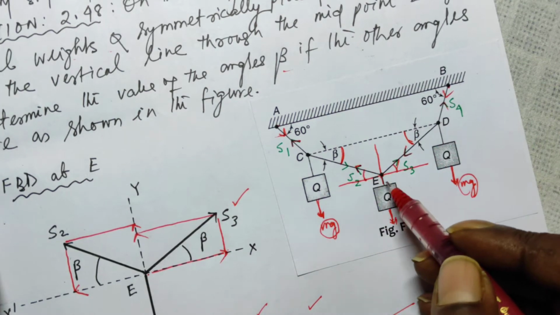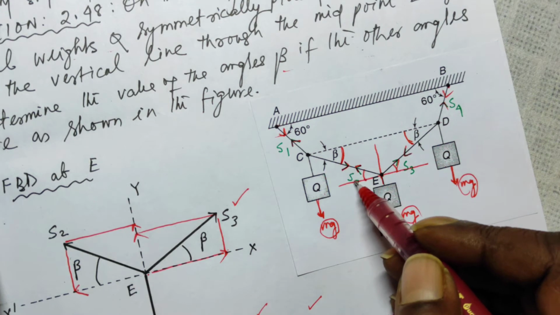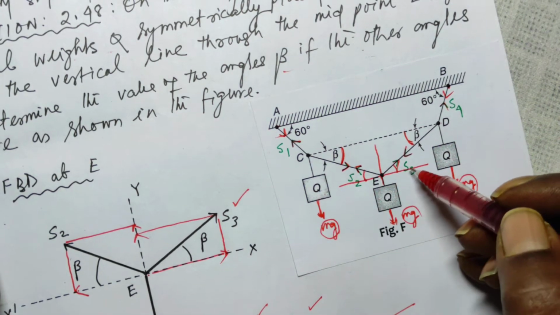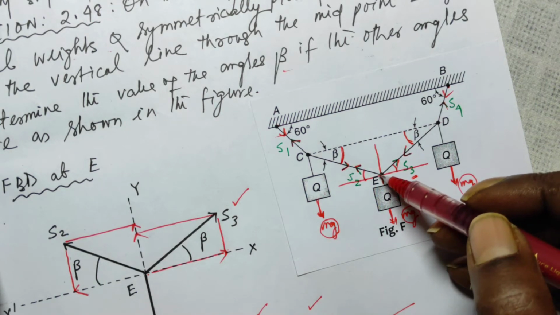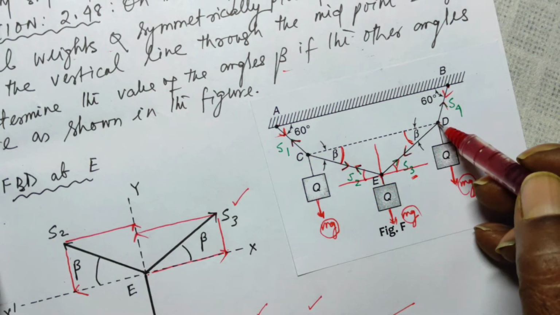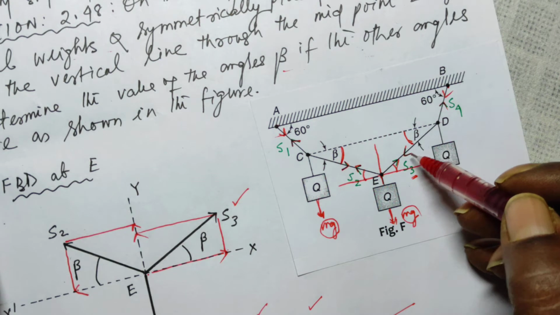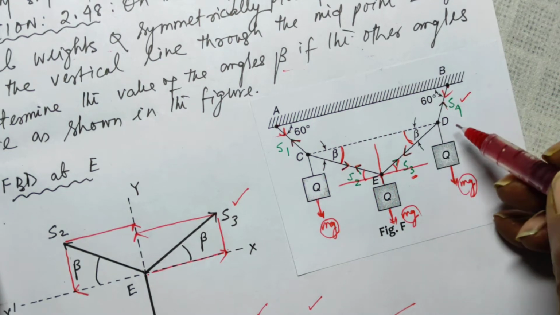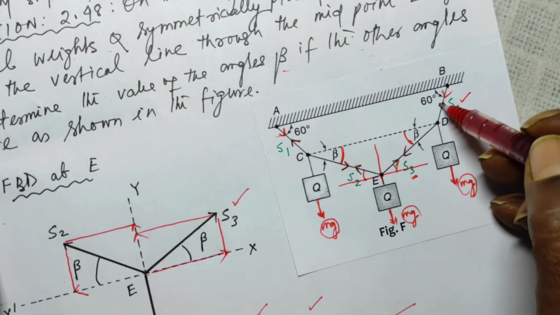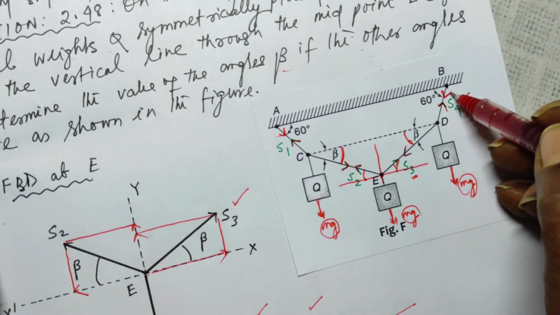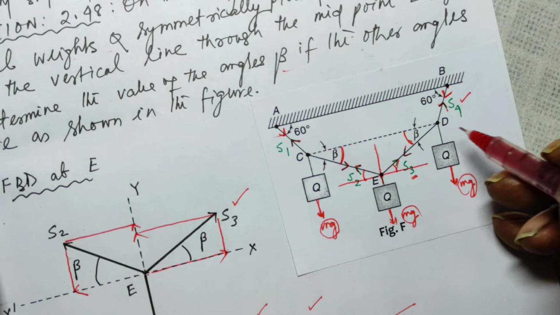acting to this side for point C. Similarly, the axial force, the tension force S3, acting from point E towards this side, from point D towards this side. Similarly, let it be S4. In the part BD, the axial force, the tension force S4, acting to this side for this point.